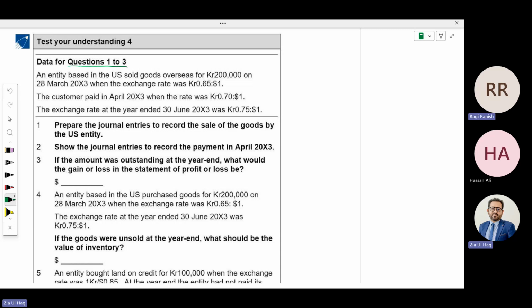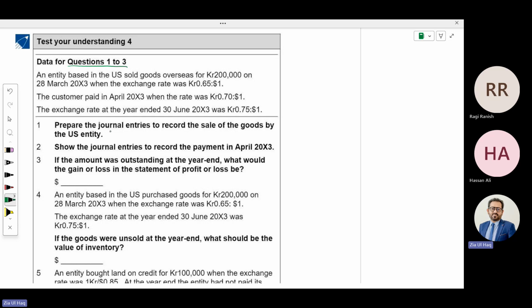The customer paid in April 20x3 when the rate was $0.702. The exchange rate at the year end, 30th June, was this. I mean, they have given three rates: transaction date, settlement date rate, and reporting date rate.